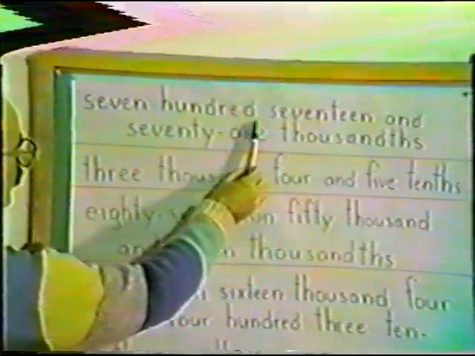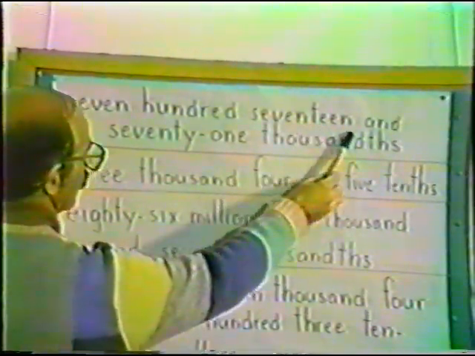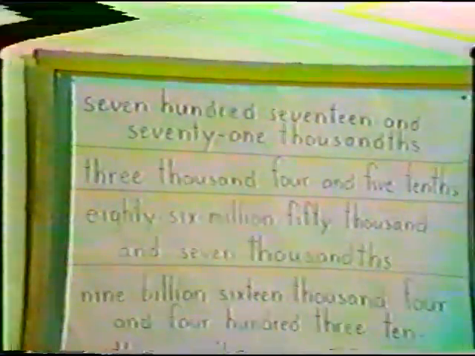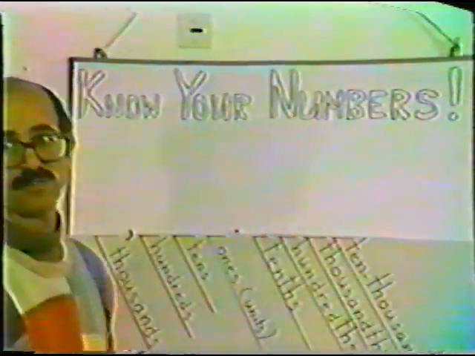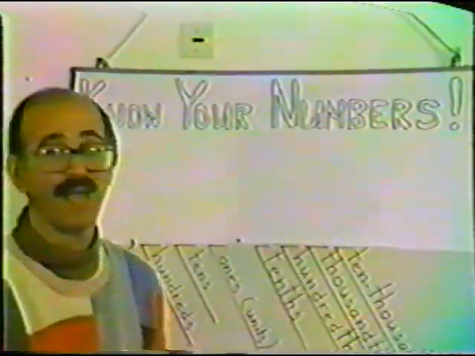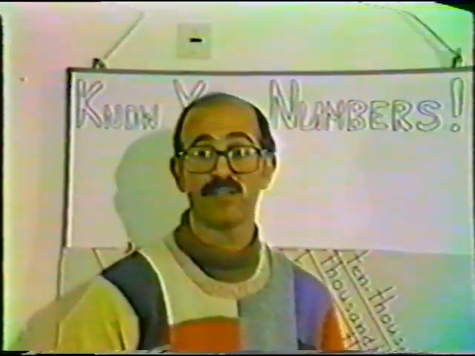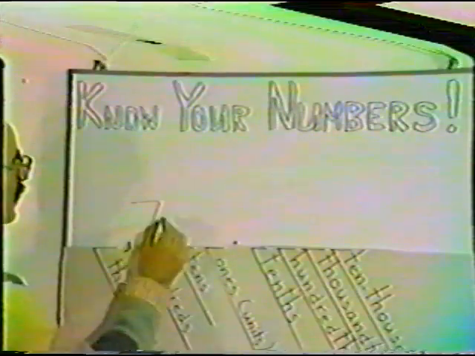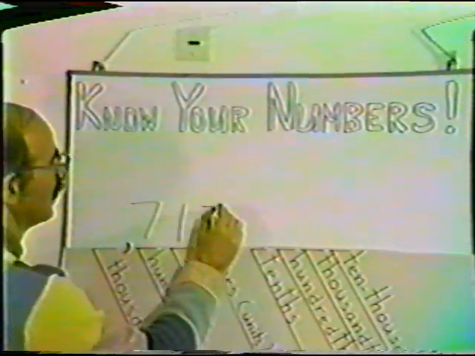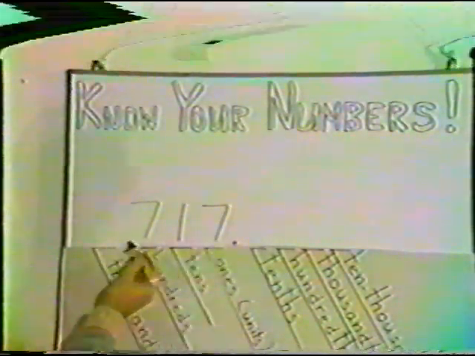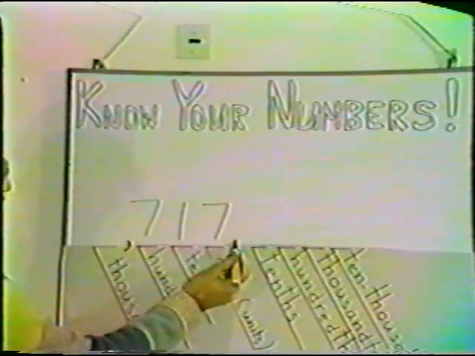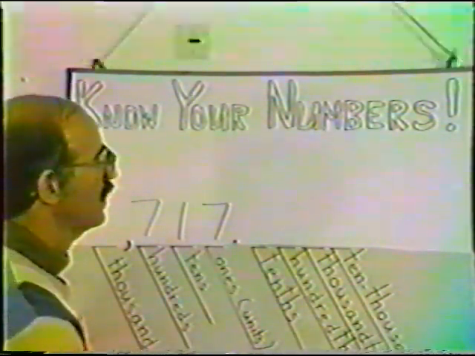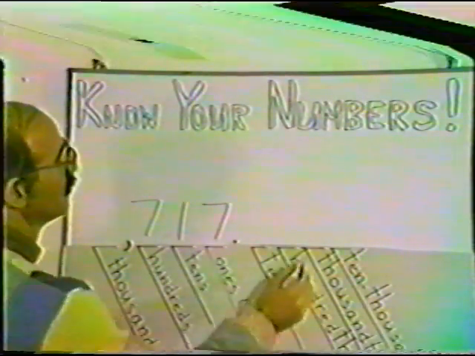Seven hundred seventeen and seventy-one thousandths. The 717 goes on this side of our decimal point, and the rest of it says 71 thousandths.